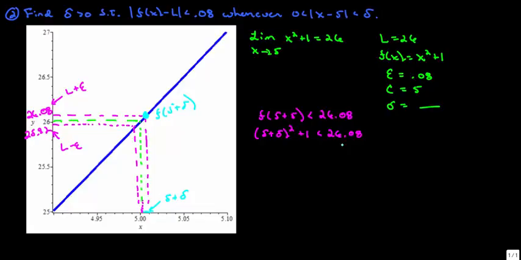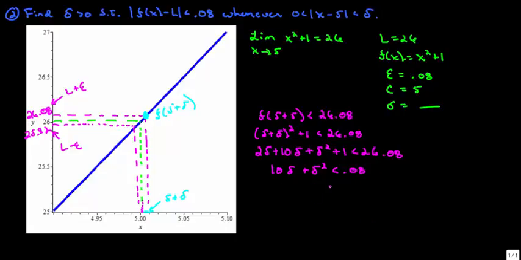So to do that, we'll figure out what delta is over here. So this is going to be 25 plus 10 delta plus delta squared plus 1 has to be less than 26.08, which means that 10 delta plus delta squared has to be less than 0.08.